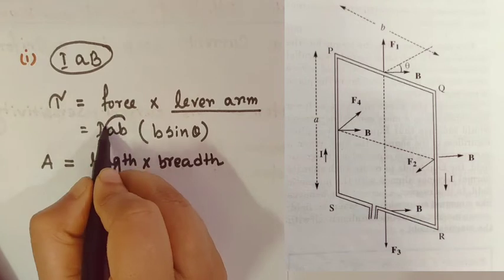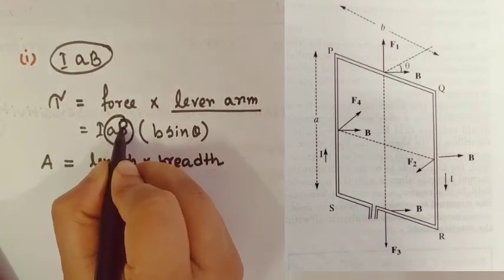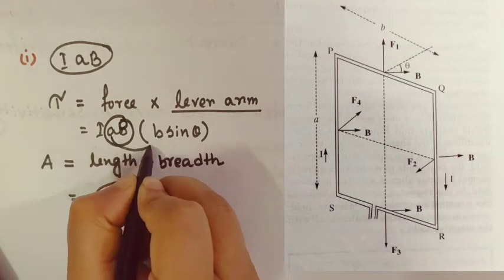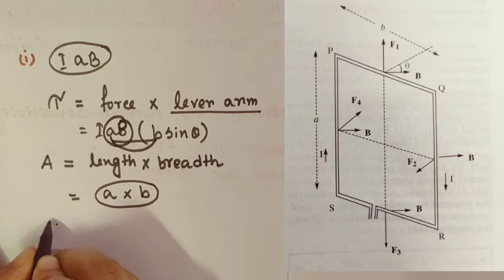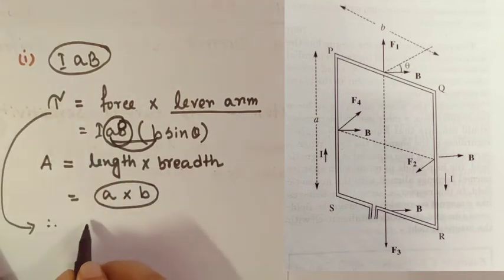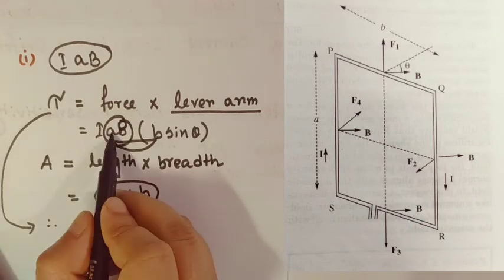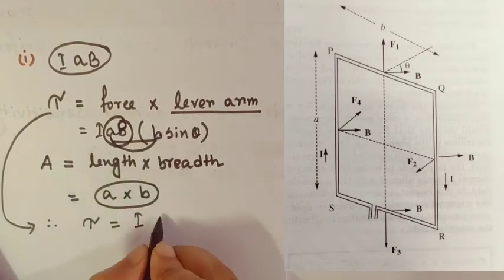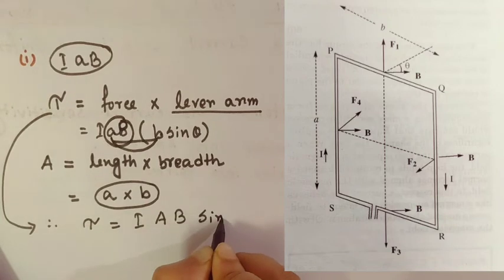So in place of ab we can write capital A. And from this equation we can write tau is equal to I A B sin theta.